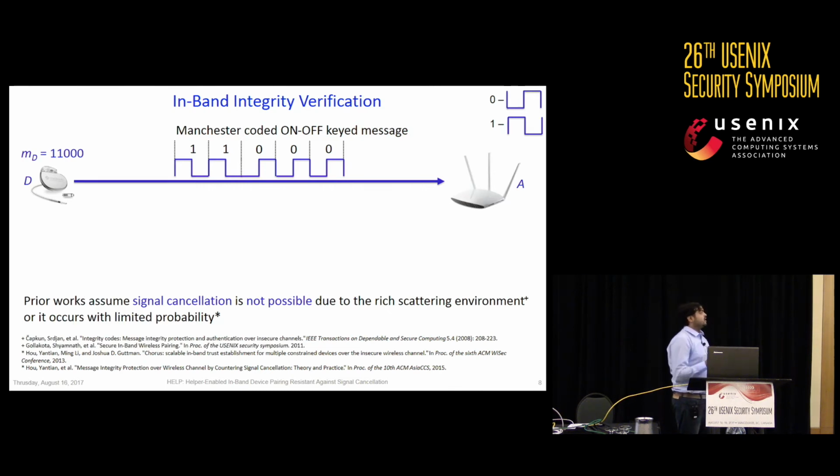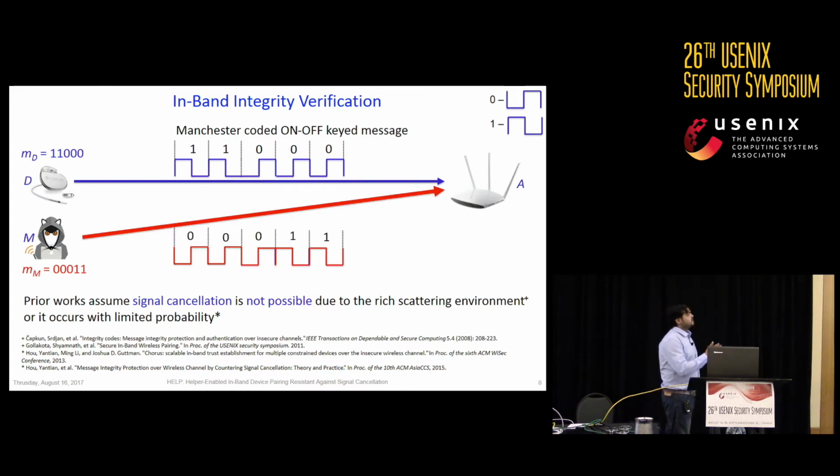But these works assume that signal cancellation is not possible due to the rich scattering environment, or that it occurs with limited probability. But if a signal cancellation attack is possible, then Mallory, who wants to inject its own message instead of the message from device D, can actually cancel the on-off keyed message from the device D and transmit its own on-off keyed message.